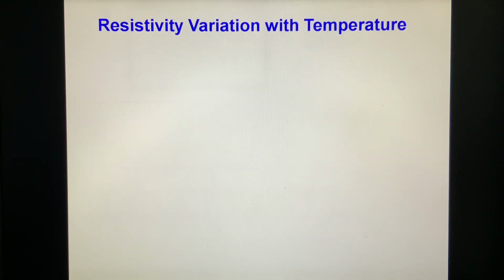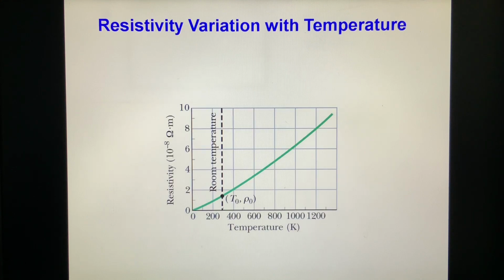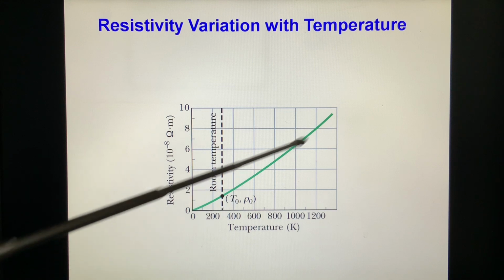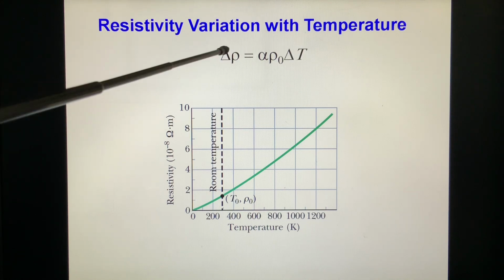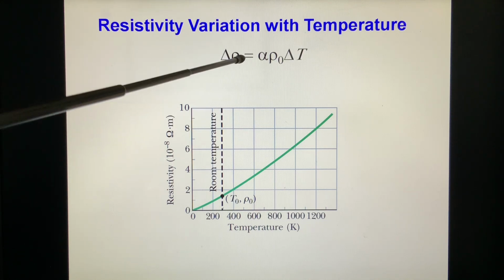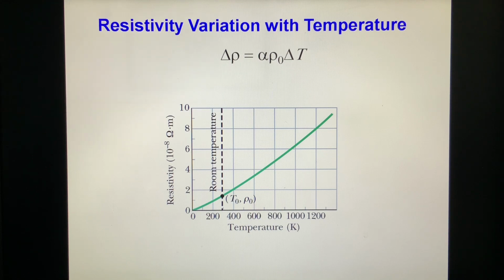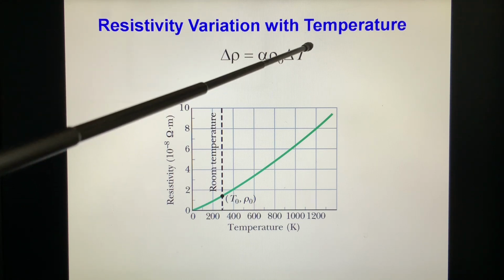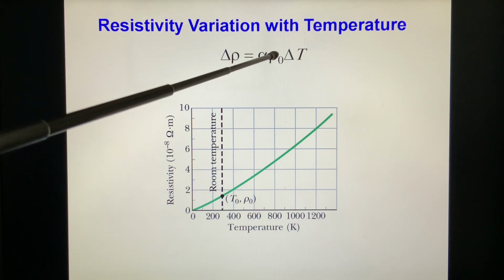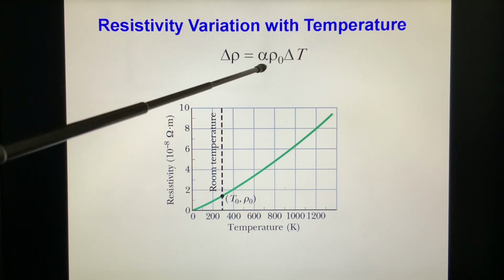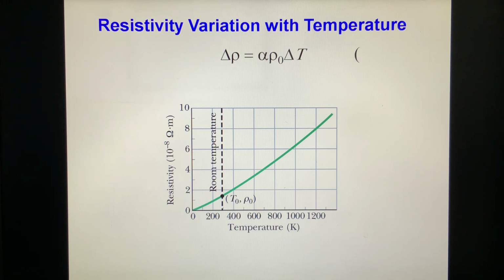Resistivity variation with temperature. Look at this one. The temperature goes up, the resistivity goes up. This is room temperature. It changes with temperature: delta rho equals alpha rho 0 delta T. The change is proportional to the temperature change, proportional to the original rho 0, with proportional coefficient alpha.